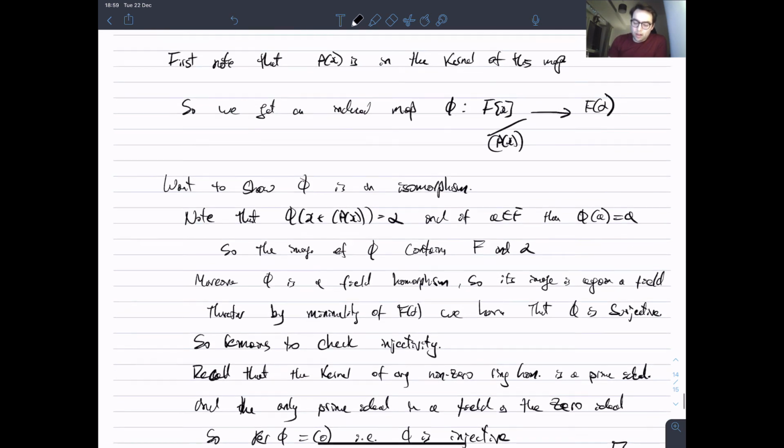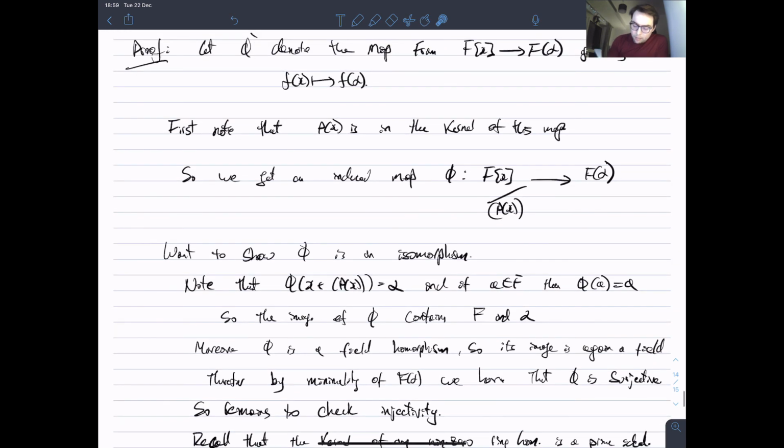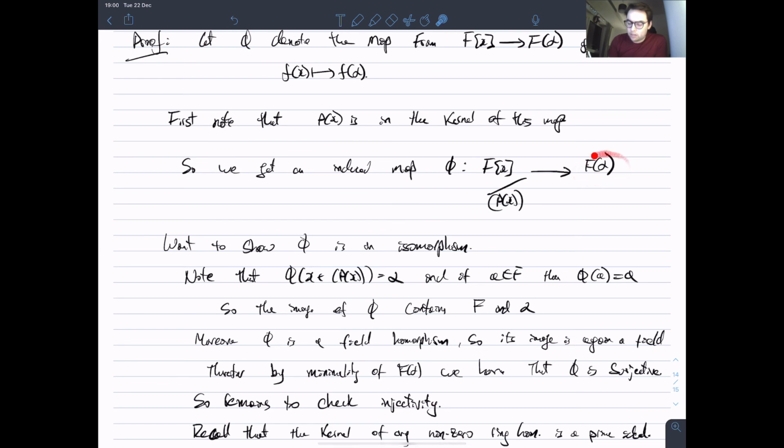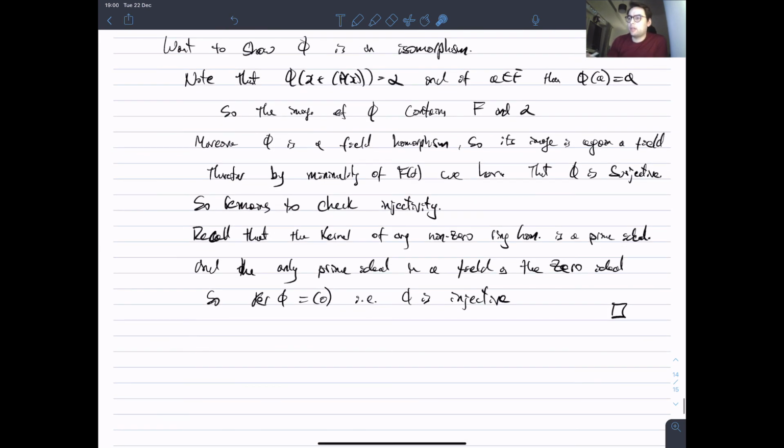So now we have a link between our fields taken by quotienting out by some irreducible polynomial and some fields given by adjoining an element. These are maybe the fields that you're more used to seeing, where we adjoin an element.